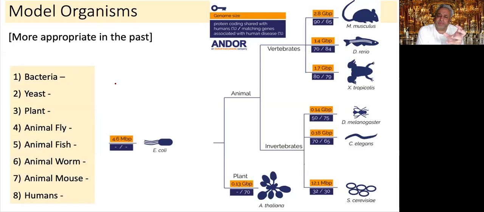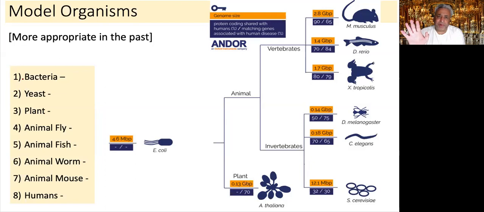So model organisms were chosen in the past, about 200 of them, with these being the most favorite that scientists worked on in different labs around the world so they can share knowledge. So what prokaryote did they choose? They chose E. coli, the bacteria that lives in your gut, to represent all prokaryotes, right?